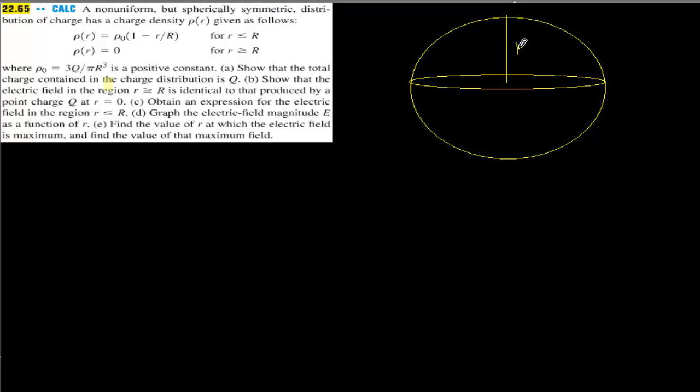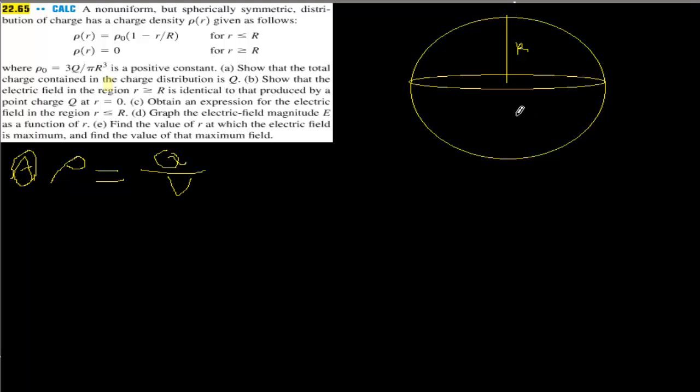So the first part of the problem, part A, is asking us to show that the total charge contained in the charge distribution is Q. And you may remember that the charge density, rho, which is just the Greek symbol, is equal to the charge of an object, Q, divided by its volume.